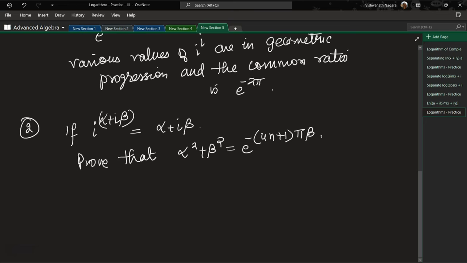This is a little bit trickier, so we need to focus on each step and be very careful.